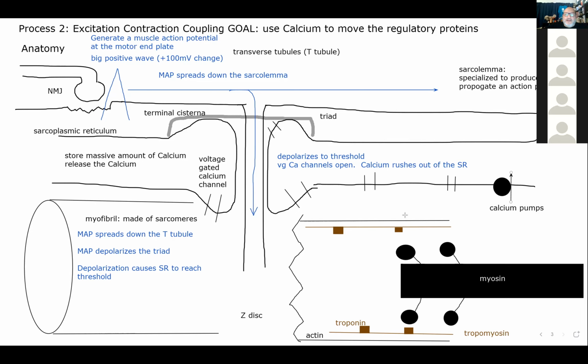Absolutely. Right? And as long as they're locked up, they can't cause any problems. However, what happens when there's a jailbreak? And that's exactly what happens here. When these voltage-gated calcium channels open, we get a massive rush of calcium out of the sarcoplasmic reticulum. All this calcium is set free.